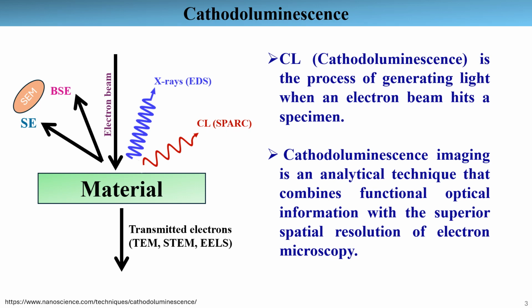Also, cathodoluminescence imaging is an analytical technique that combines functional optical information with the superior spatial resolution of electron microscopy.